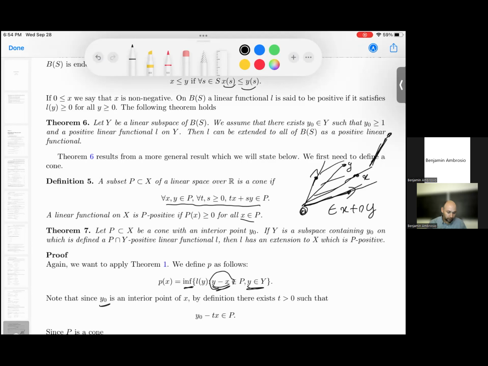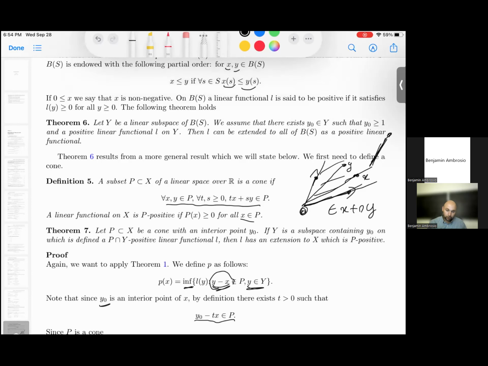So the y0 is an interior point of P. And so by definition, there exists a positive t such that y0 minus tx belongs to P. That's right, because if t is small enough, we know that's true by definition of an interior point.